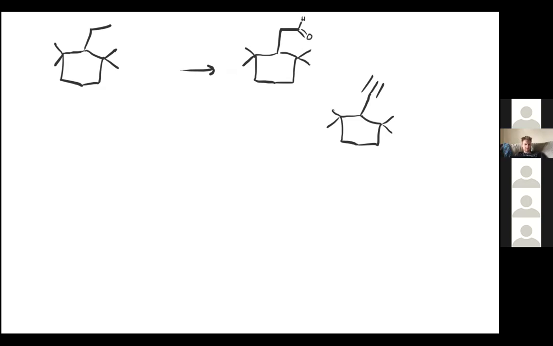Did I make this a 5-member ring instead of a 6-member ring? No, it doesn't really matter. Okay. So if we try to chlorinate, we're going to run into an issue. Chlorination most likely is going to end up putting us in one of these secondary positions. So we're going to have to brominate and probably shift. So if we add Br2 and light, it's going to go to our tertiary position.